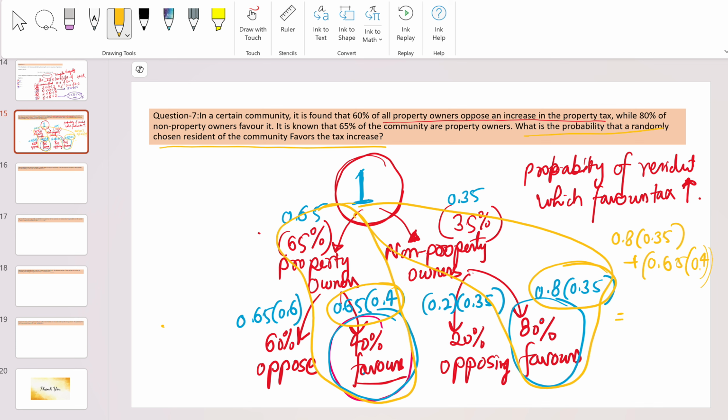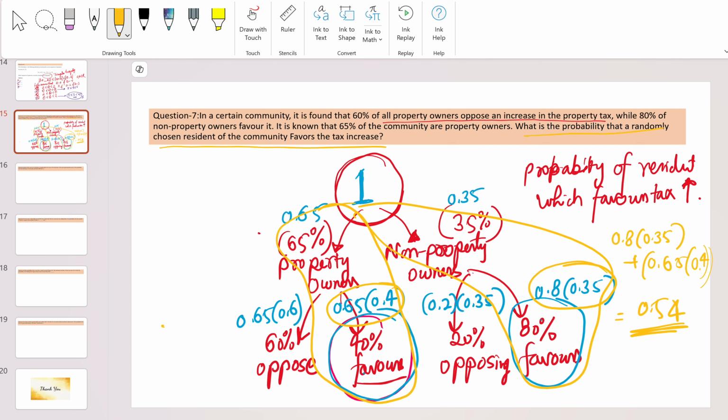Let's solve. 0.8 times 0.35 plus 0.65 times 0.4. It will be simply 0.454. So the probability is 0.454 for getting a random resident of the community who favors the tax increase.